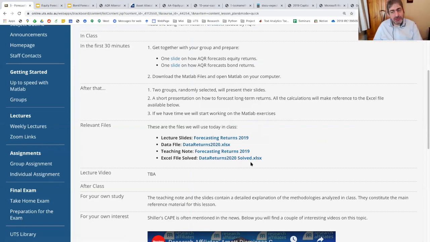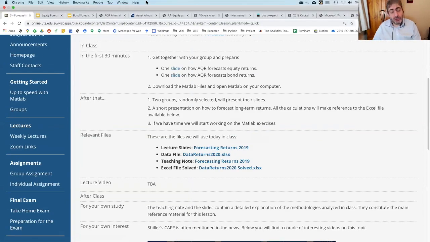Normally, I would post the solved version after the lecture, but I realized that with Zoom, it's difficult for you to move between my screen and your own screen, so typing with me. So I'm going to use both files. Some formulas we're going to type, some formulas we're going to use this solution and just look at how the formula works.